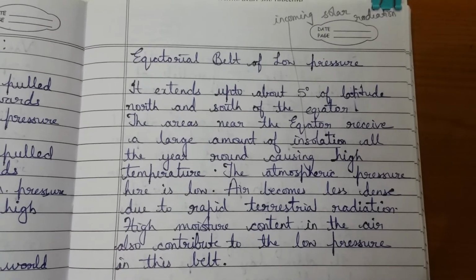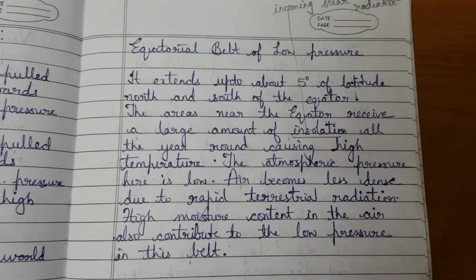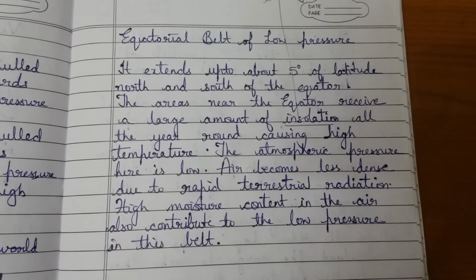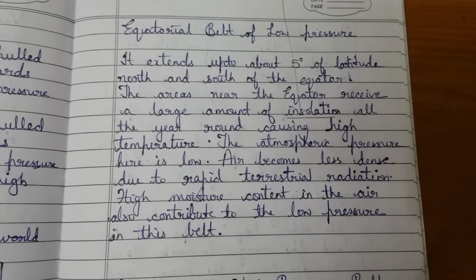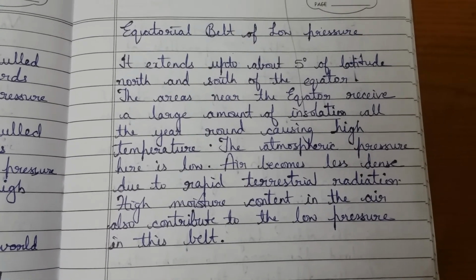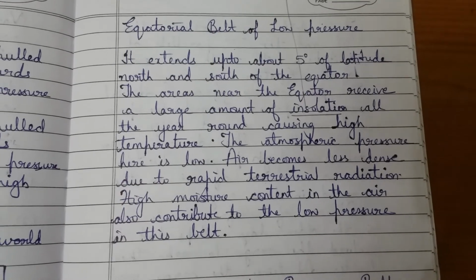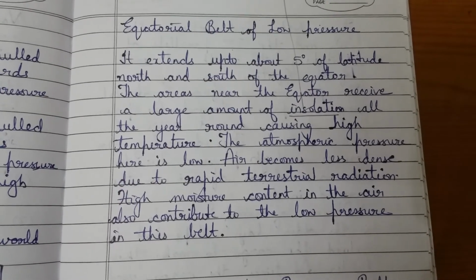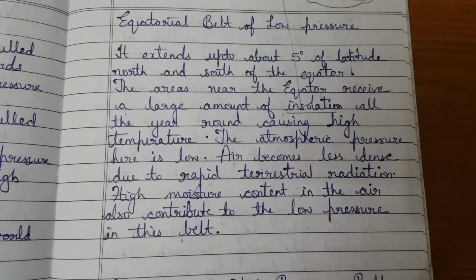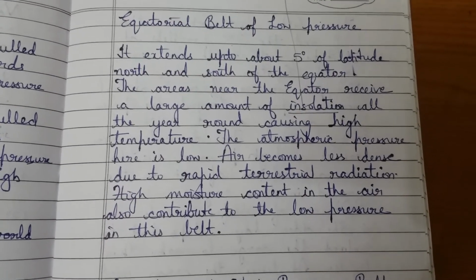Insolation means incoming solar radiation. The atmospheric pressure here is low because it gets high temperature. Air becomes less dense due to rapid terrestrial radiation. High moisture content in the air also contributes to the low pressure in this belt.